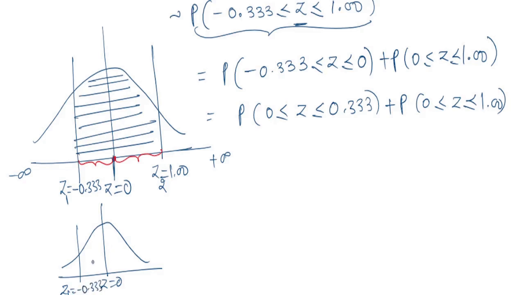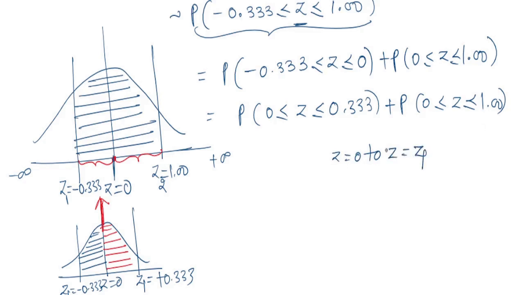The area between the two lines is equivalent to the area for z1 equal to plus 0.333. It is similar to this area. Because the table which we are going to use is from z is equal to 0 to some z1, we always need 0 to z1. So let us use the table.